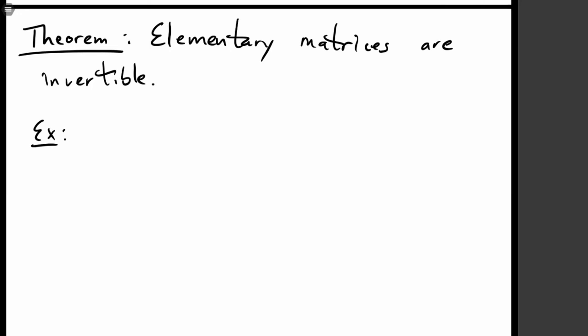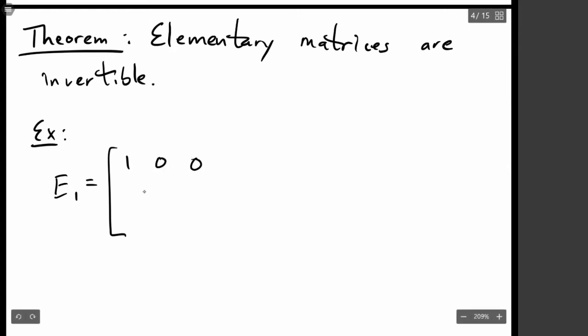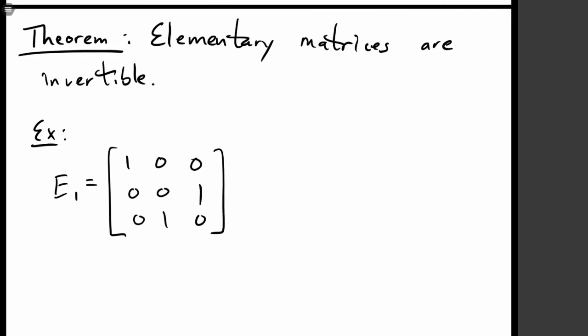Let's say we take E1 to be, let's swap row 2 and 3. This matrix represents a swap of row 2 and row 3. To get the inverse, all we have to do is think, how would we reverse that process?